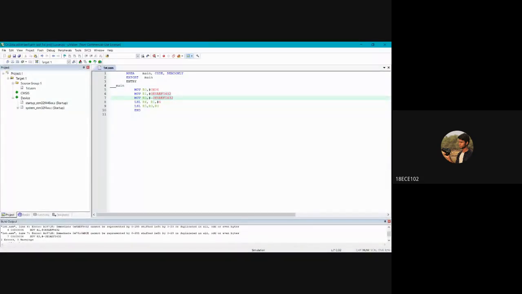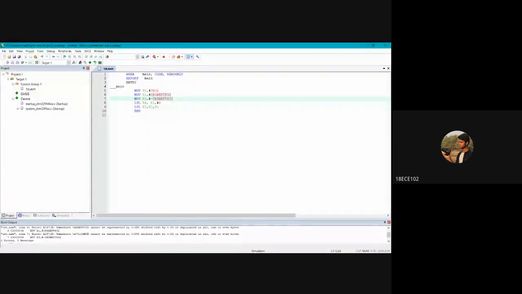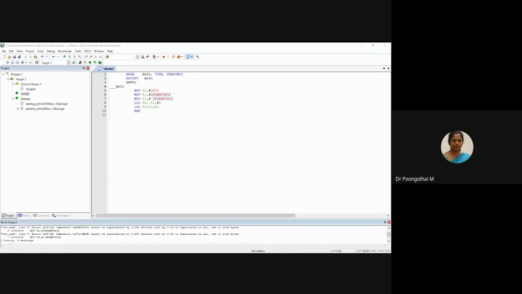Ma'am, he can use MOVT in order to load the higher bytes, no? You can load the LSB first for 16-bit. You have written MOV R1, comma, the 32-bit value. Load only 5432 first.